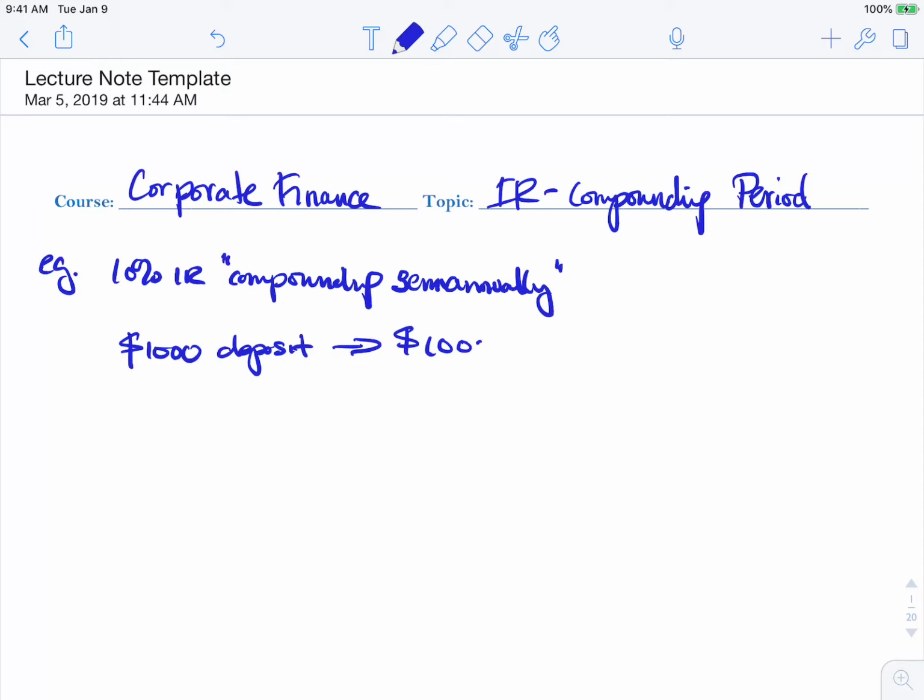1,000 times 1.05, so it's 1 plus 5%, equal to 1,050 after 6 months.